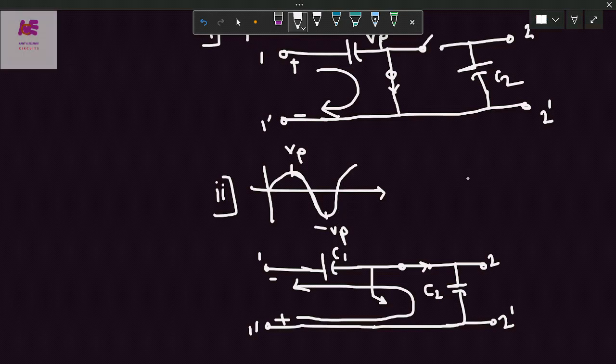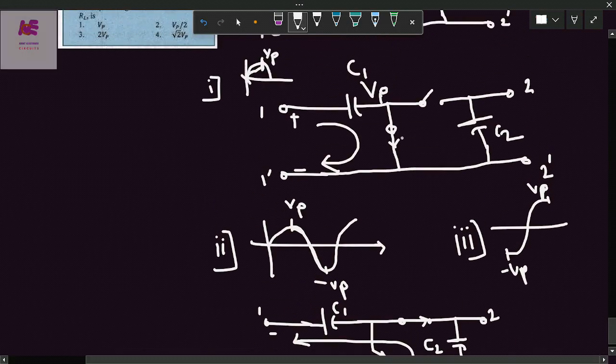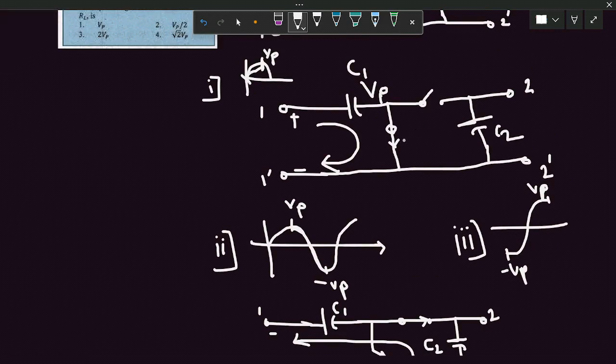As I say, the third case, the voltage again goes from minus Vp to Vp. In the same way, diode D2 will be in off state, in reverse biasing, and diode D1 is going into forward biasing.